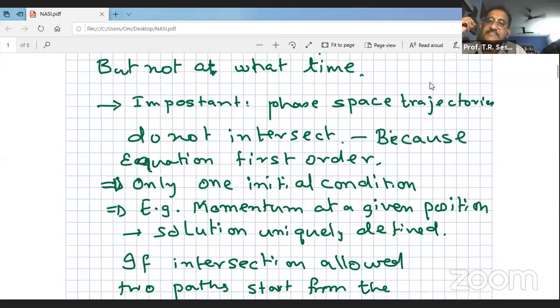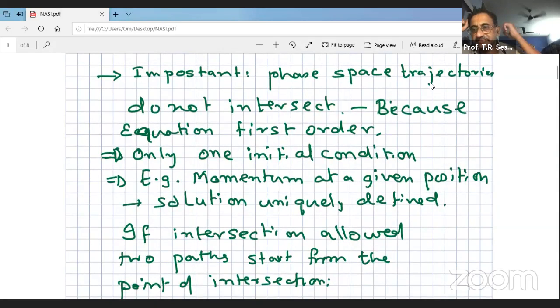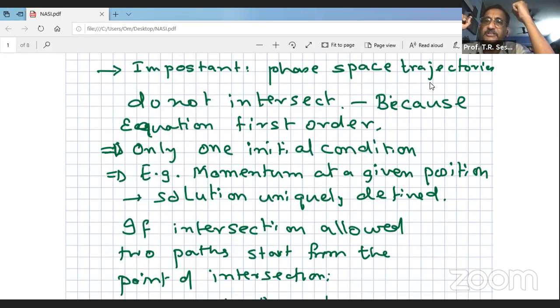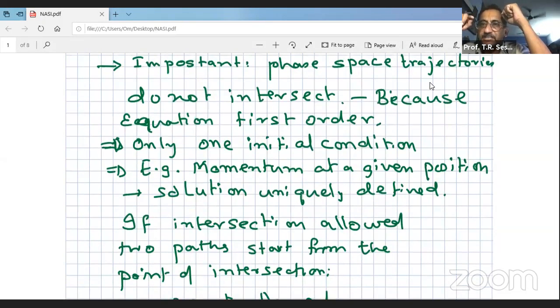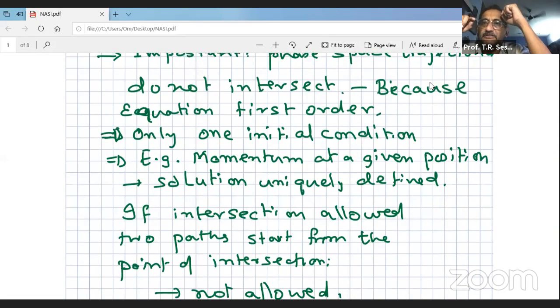Since it's a first order equation, a single initial condition uniquely specifies the evolution of the phase space trajectory. Because of this, the phase space trajectory of a particle cannot intersect itself. If it intersected itself, then from the point of intersection there would be two lines going in the phase space trajectory.